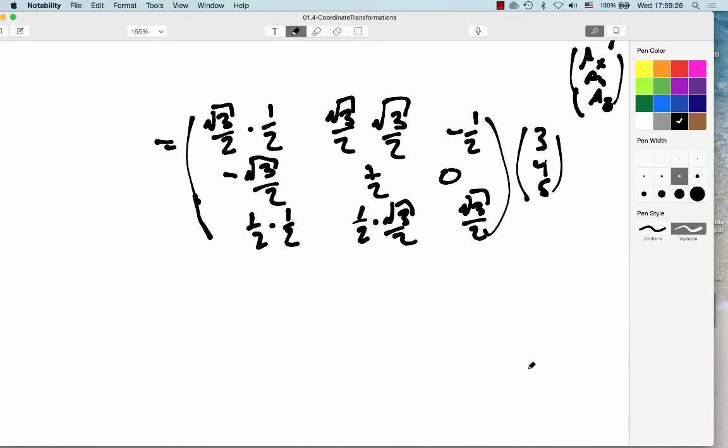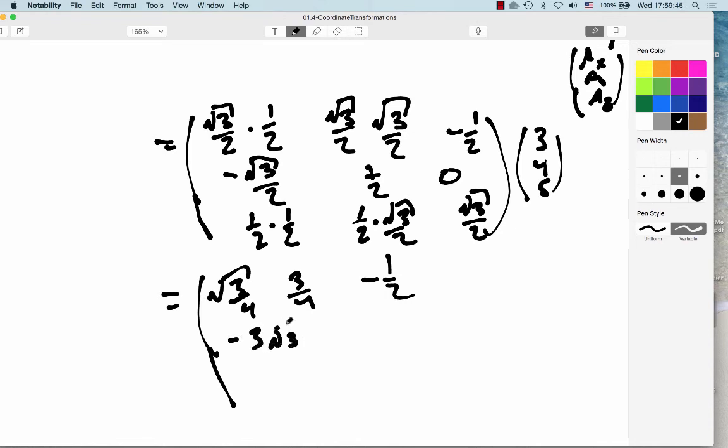So we can clean this up a little bit. These here can become 4s, so we can make it look a little prettier if we want. We got root 3 over 4, a 3/4, a minus a half. Then negative 3 root 3 over 4.